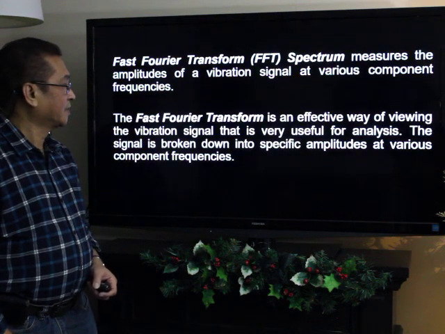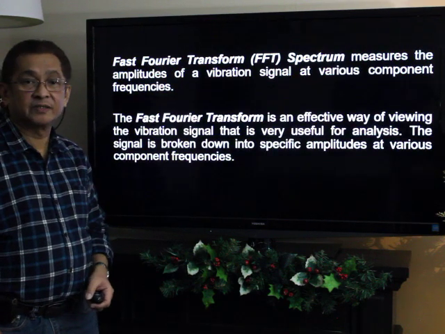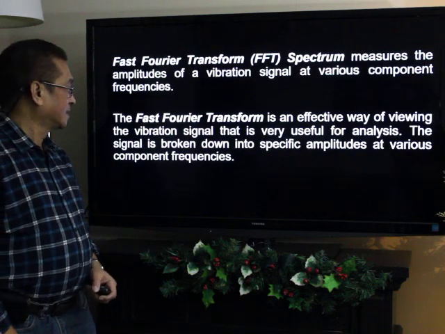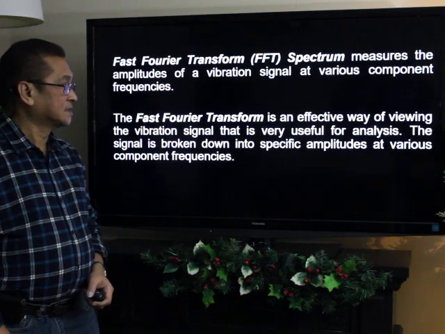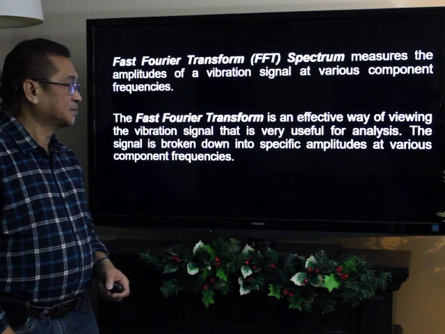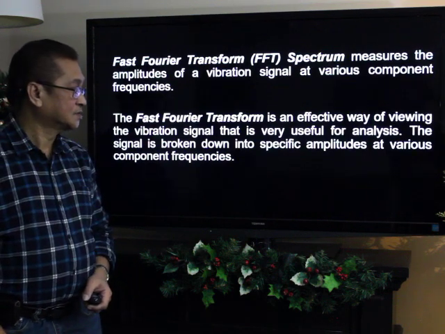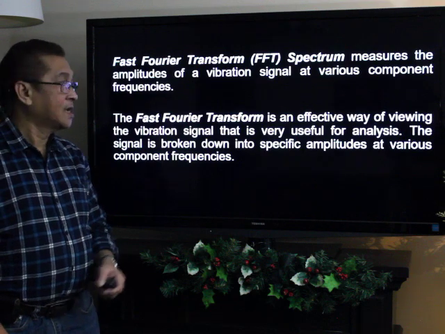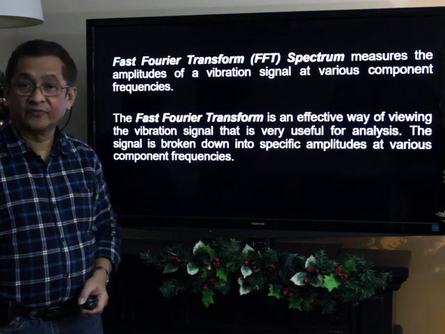The fast Fourier transform is an effective way of viewing the vibration signal that is very useful for analysis. The signal is broken down into specific amplitudes at various component frequencies.